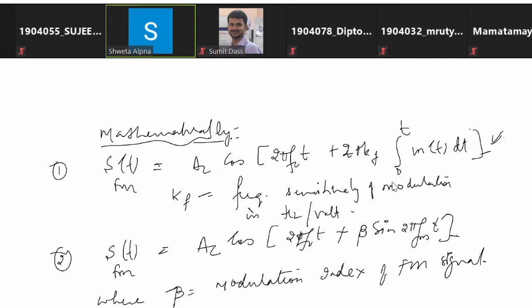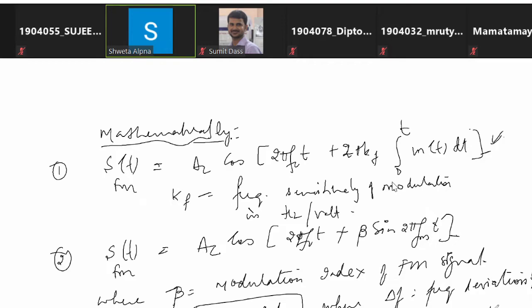The formula to calculate β is the ratio of the frequency deviation to the frequency present in the message signal, that is, β = Δf / fm. Here Δf is called the frequency deviation of FM, and fm is the message frequency. All this you get from the derivation, which I'm not doing here.